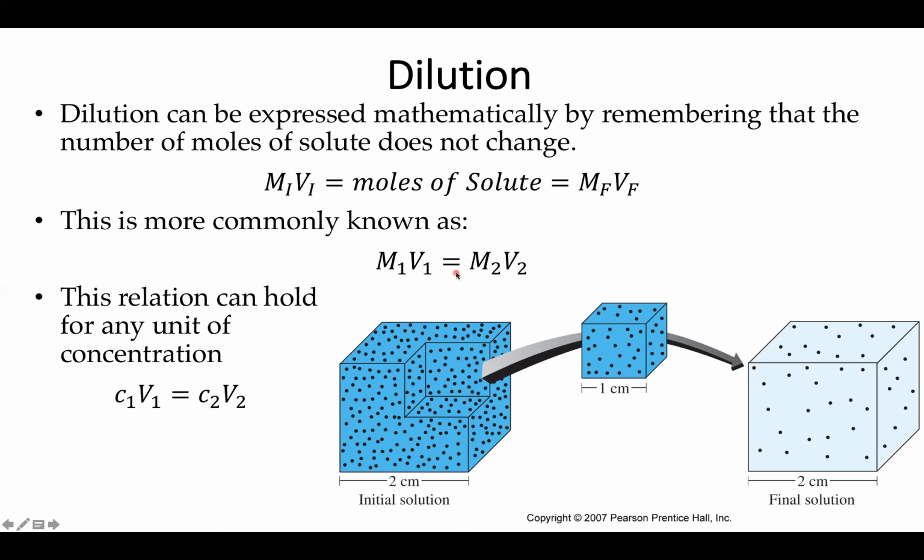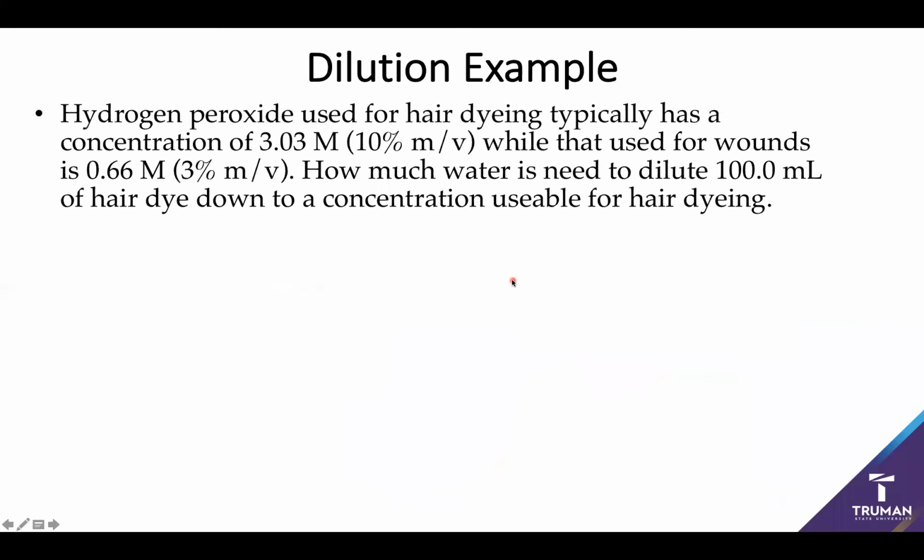However, one of the things that you should make note of is always be sure that your units will cancel out. So indeed, it's actually even possible to use milliliters instead of liters for your volumes, as long as both your initial and final volume share the same units. So let's go ahead and put this idea into practice.